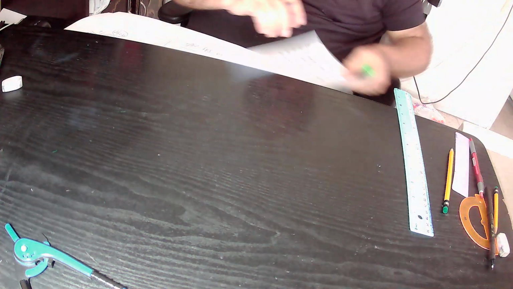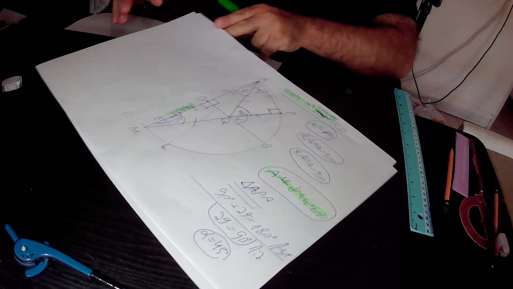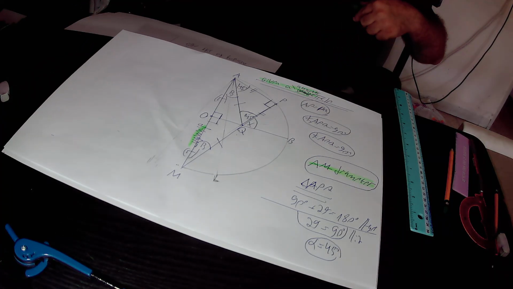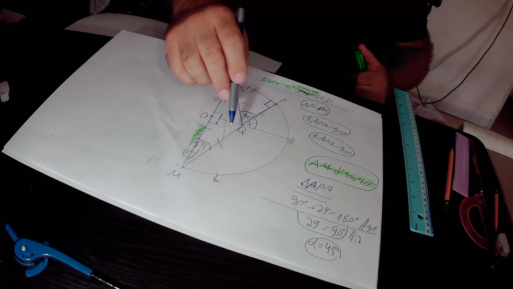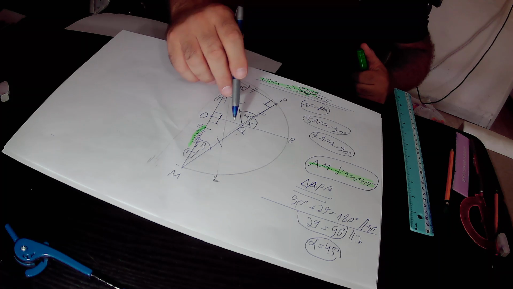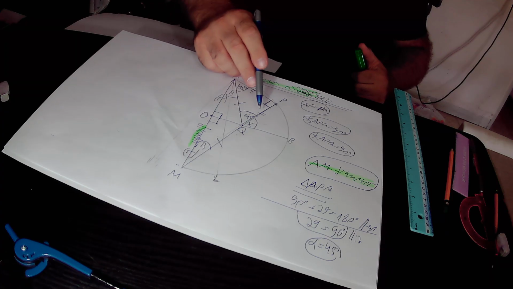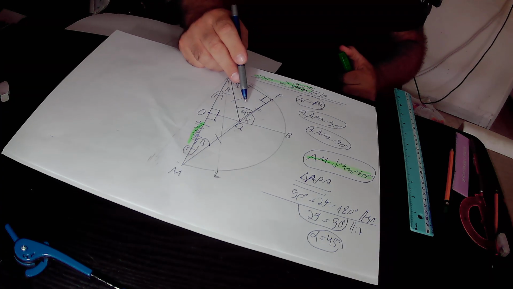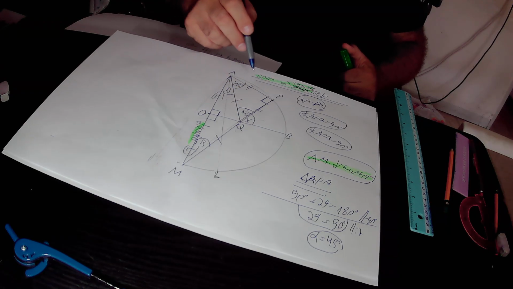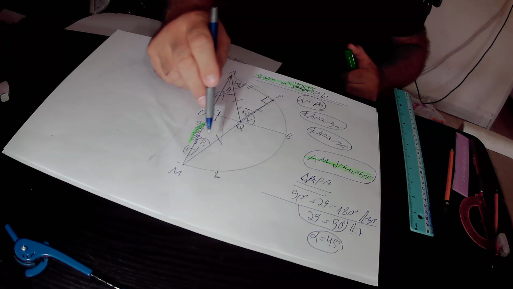Well, because in our drawing, if we focus on the big triangle AQM, actually it is an isosceles triangle because side AQ equals side QM. In the big triangle AQM, this angle is angle PQM, that is defined as an external angle of the triangle AQM.